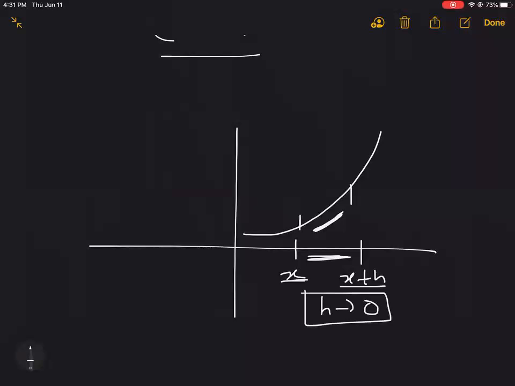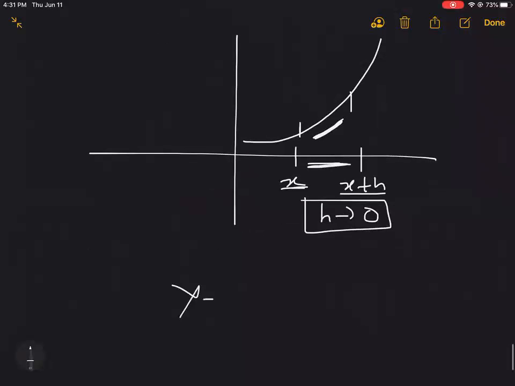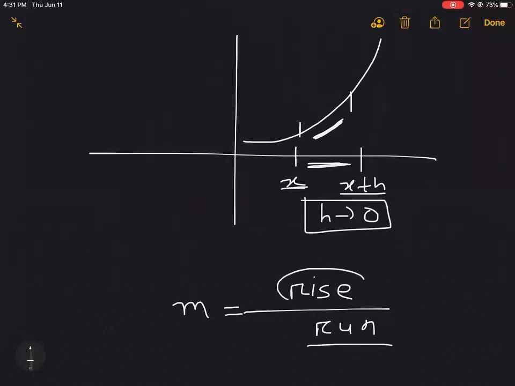We use this for finding slopes. Slope is m, rise over run. So it gives us the idea if we run by 1 unit, by how much we go up or down.